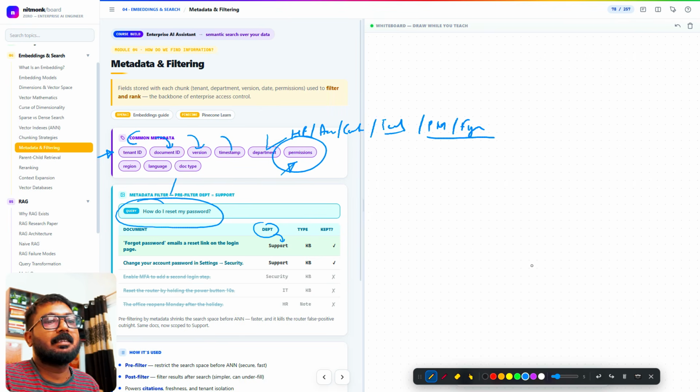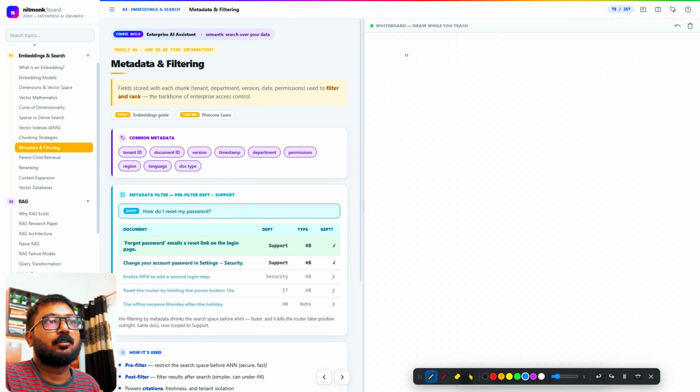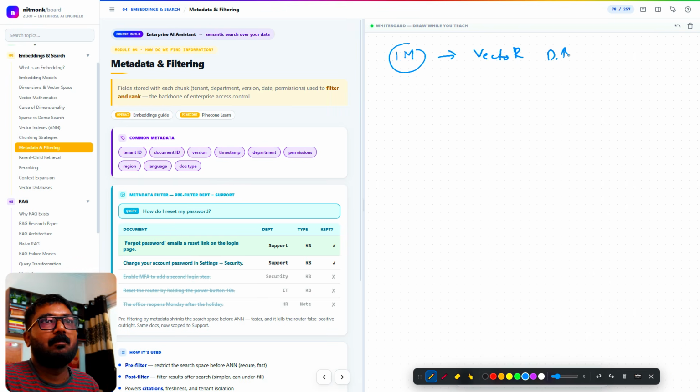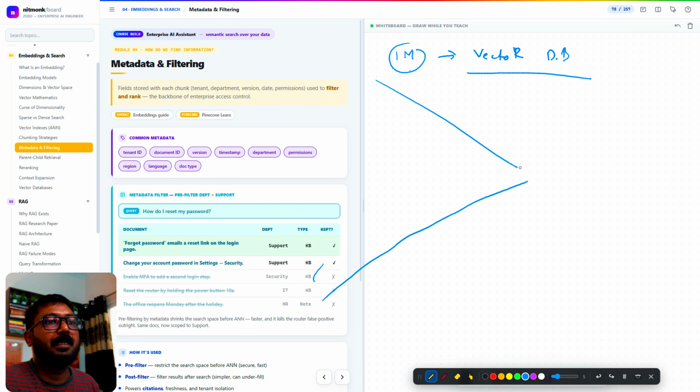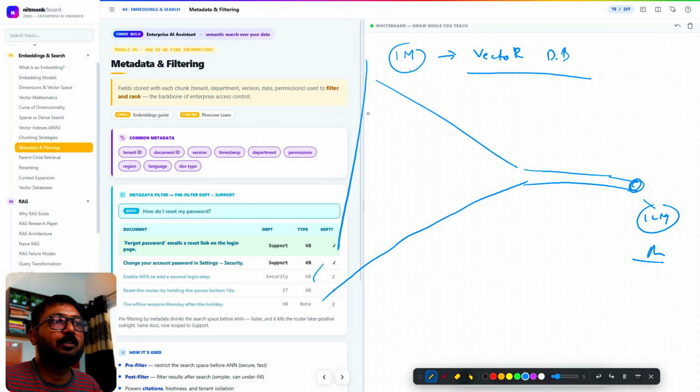So it's all about a funnel, correct? Let's say you have 1 million documents in a vector database, and these 1 million documents are so big, and we have to make it so small, so that the smaller chunks go to the LLM to create the answer. So we do this metadata filtering.